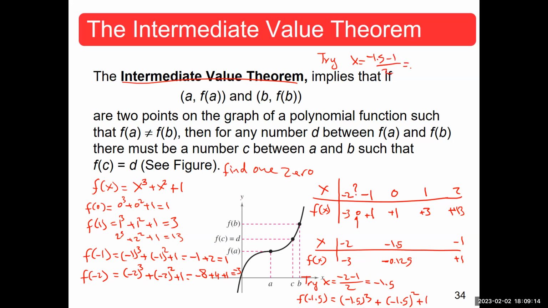That gives you negative 2.5 over 2, that's negative 1.25. And you have to do that until you get the answer.